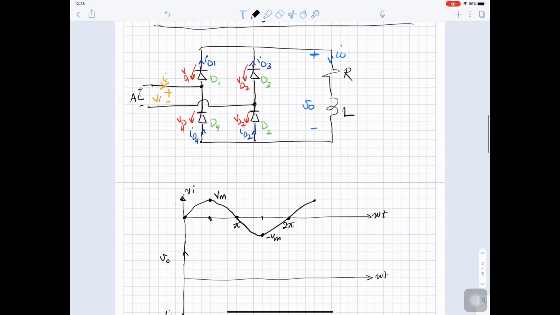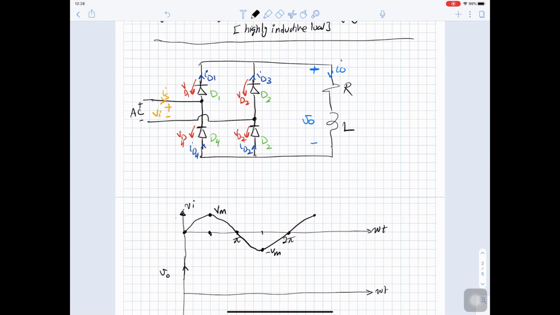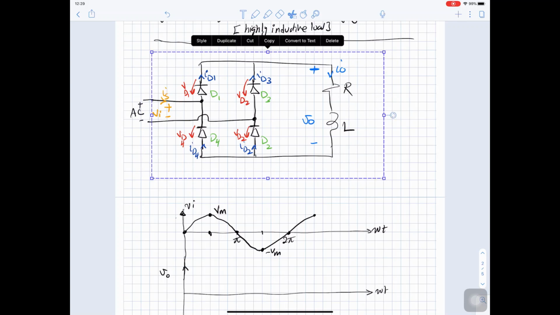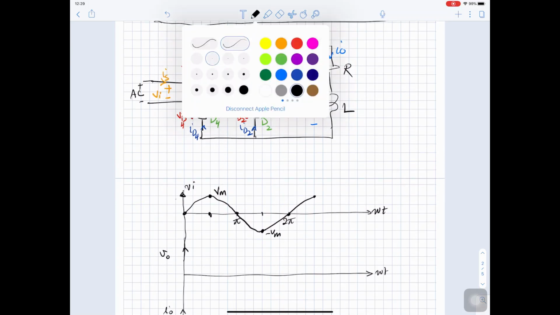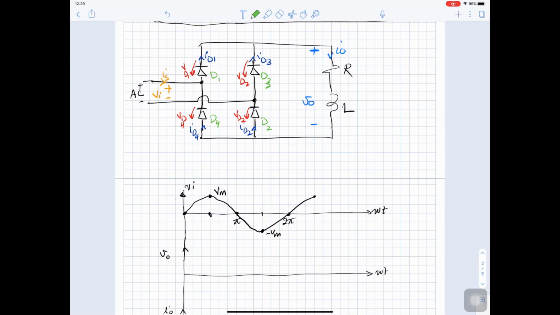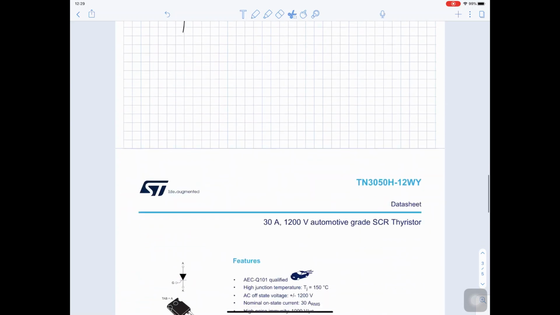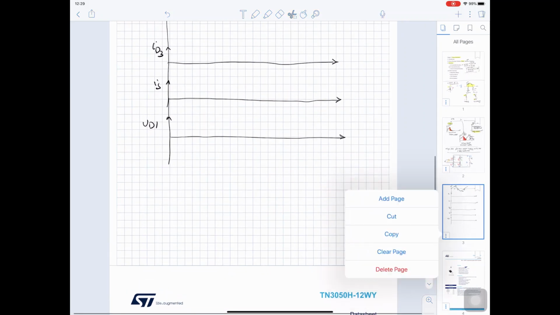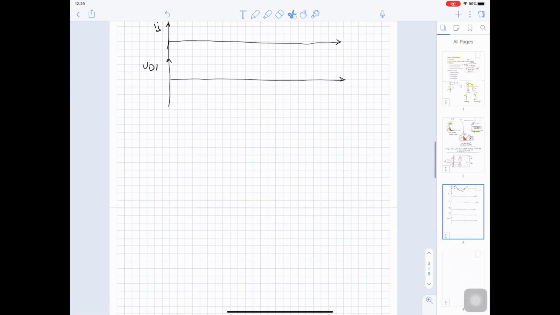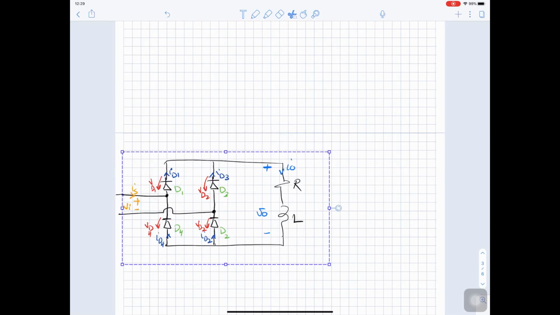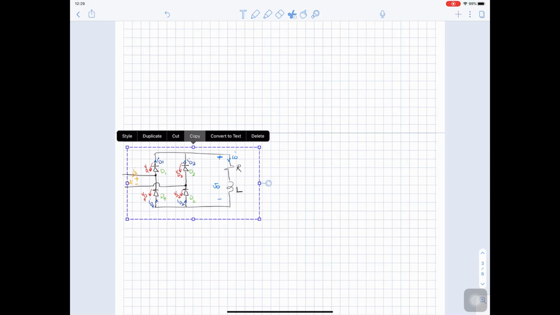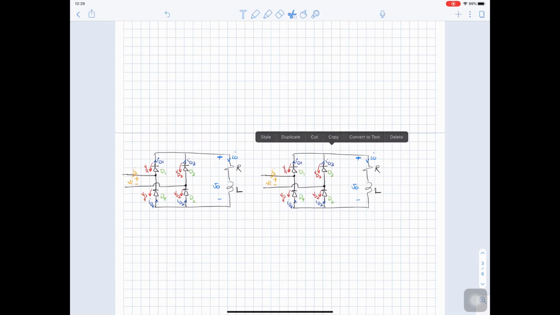Now let's see what will happen here. So this circuit, as we mentioned before, will have two states, or two cases. One case when diode 1 and 2 are conducting, and another case when diode 3 and 4 are conducting. So this is 1, this is 2.